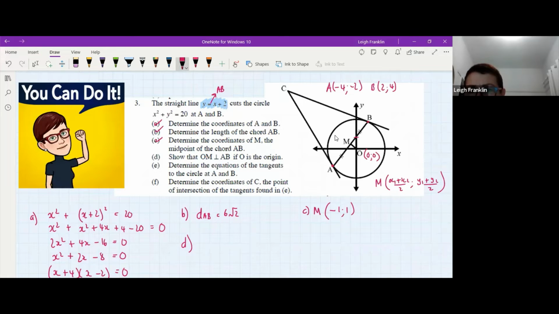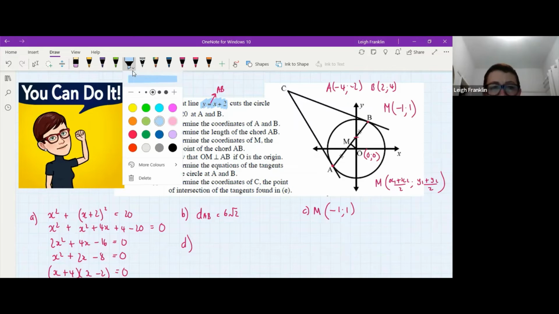And as you've just told us, Watobe, we know that the coordinates of M are -1 and 1. And we know what the coordinates at A and B are. What concept in analytical geometry do we use when we want to show that one line is perpendicular to another? How do we do that in analytical geometry, matrix?